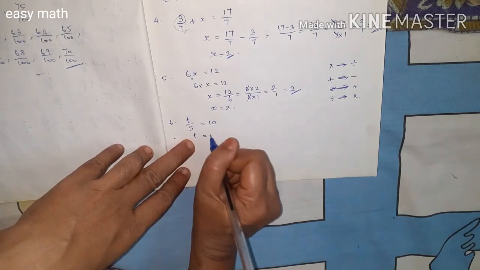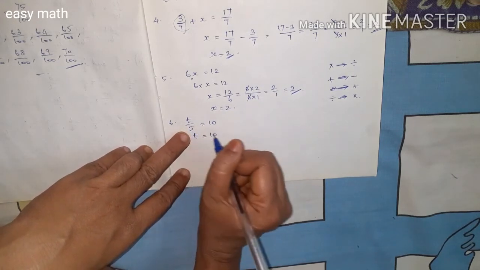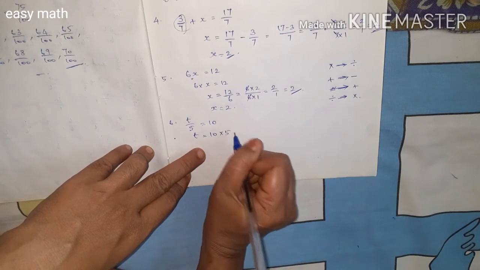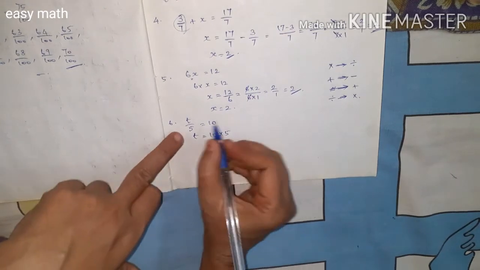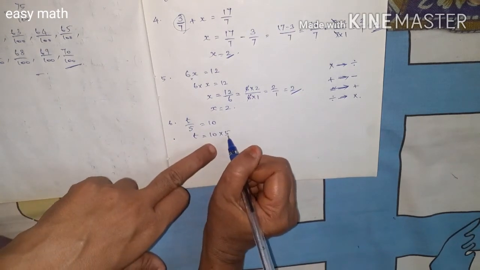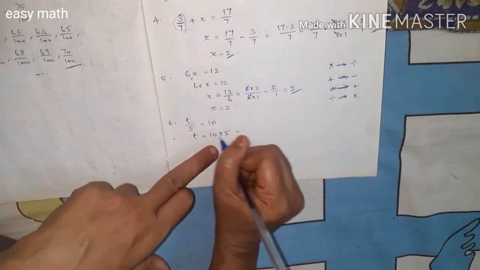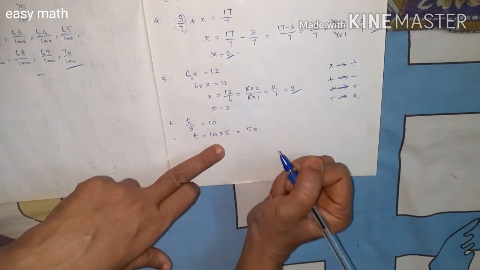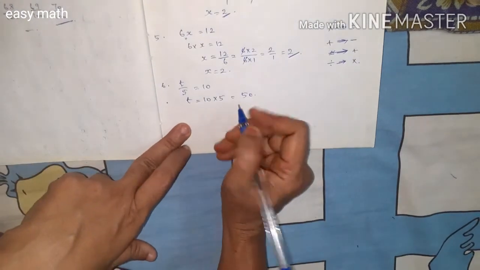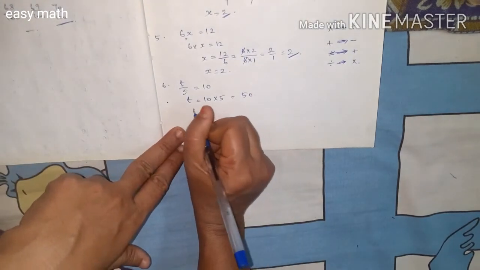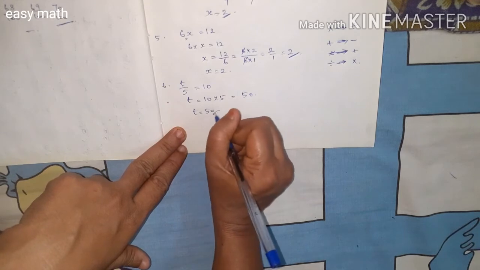So t equal to 10 times 5. Divided by 5 becomes into 5. 10 into 5, 50. So t equal to 50.